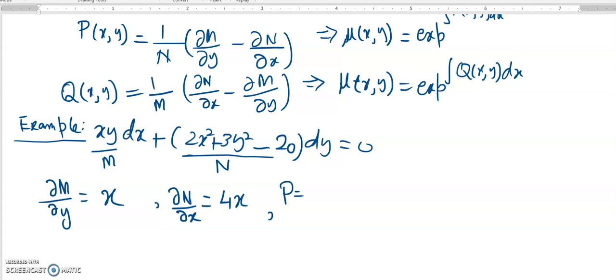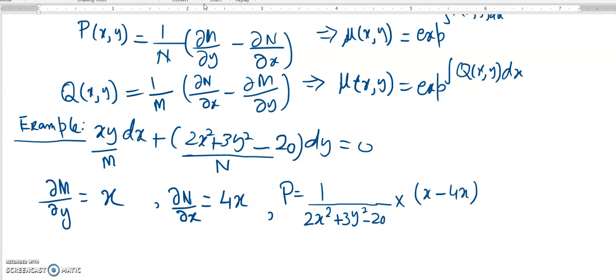So this does not look good. It is 1 over 2x squared plus 3y squared minus 20 times partial M over partial y minus partial N over partial x, so x minus 4x.